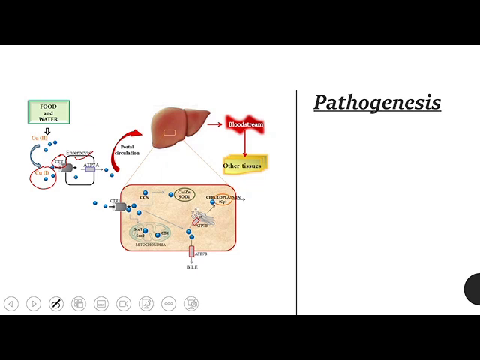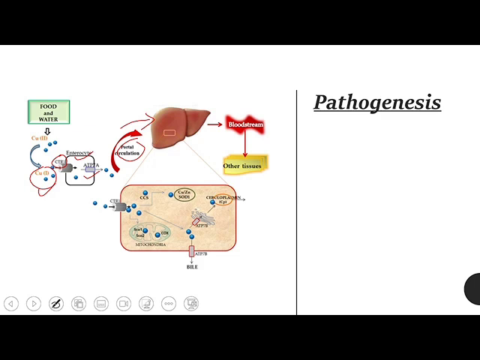Later on, this free copper will be transported to the portal circulation, which reaches the liver, and this happens with the help of the ATP7A protein channel.